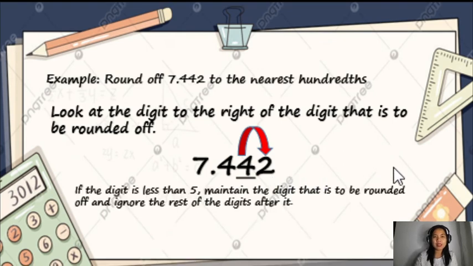If the digit is less than 5, maintain the digit that is to be rounded off and ignore the rest of the digits after it. Kapag mas mababa sa 5, so ibig sabihin 4, 3, 2, 1, maintain lang yung digit, hindi tayo mag-a-add. So yung 4, 4 pa rin. Tanggal natin yung 2. So, ang answer natin is 7 and 44 hundredths.